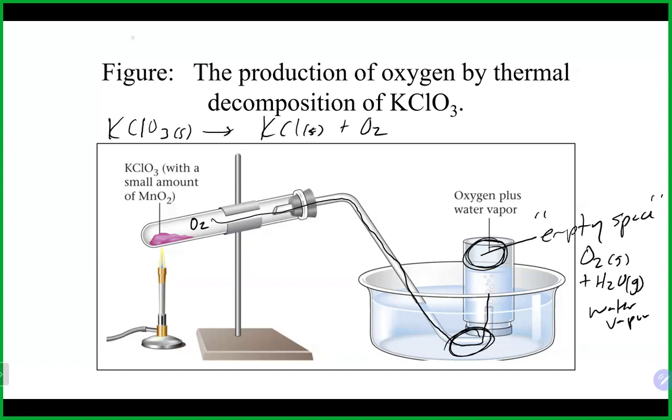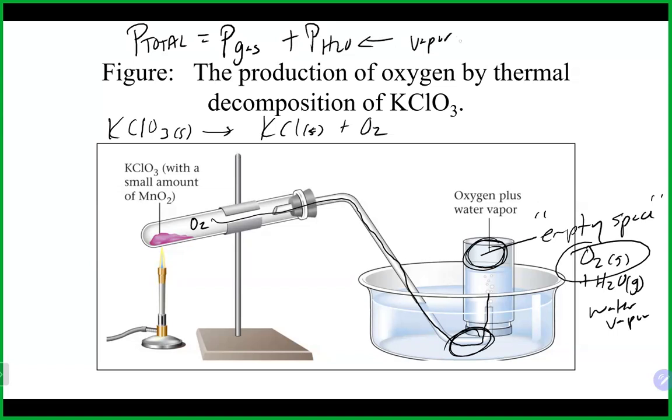But it does create a partial pressure situation where the total pressure is the pressure of the gas you're interested in, like the oxygen in this example, plus the vapor pressure of water. Typically you can look that up in a table, based off of the temperature that you ran the experiment at, and you can look up the vapor pressure of water.